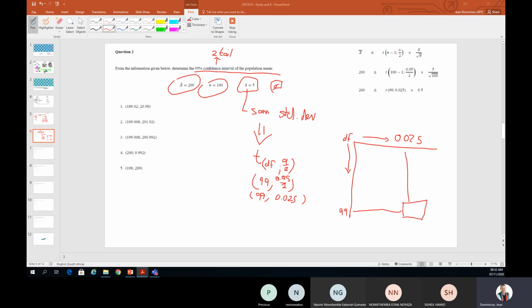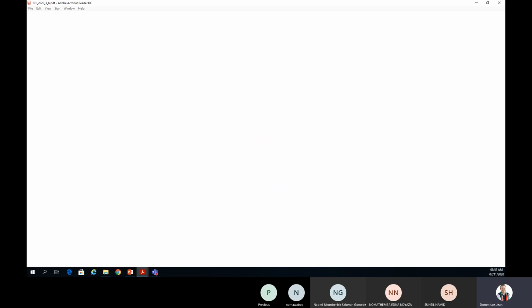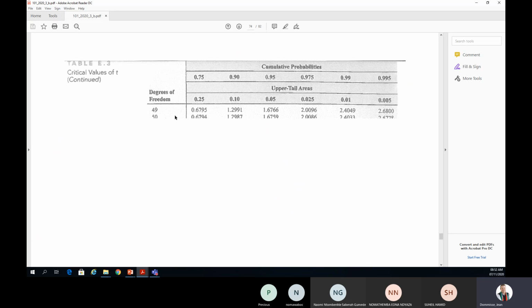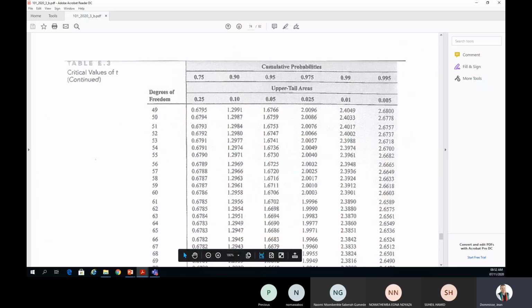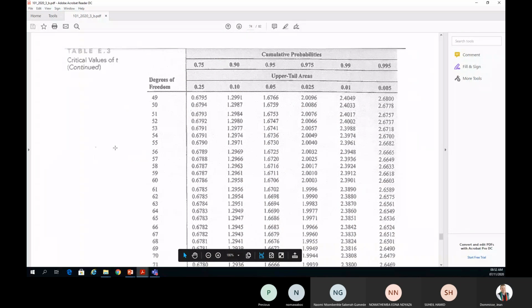And you must just let me know when I put it on the second screen if you can see it. Okay. Can you guys see it on the second screen? The degrees of freedom that I have with. So just give me a thumbs up if you can see it. Yes, I can see it.